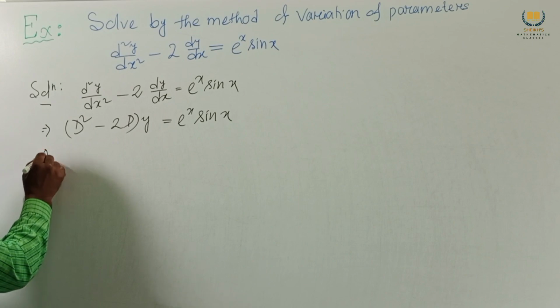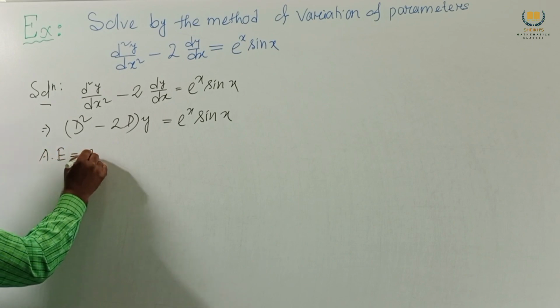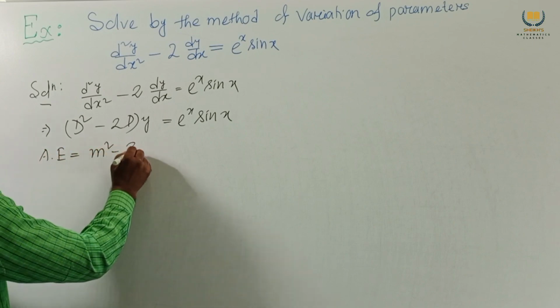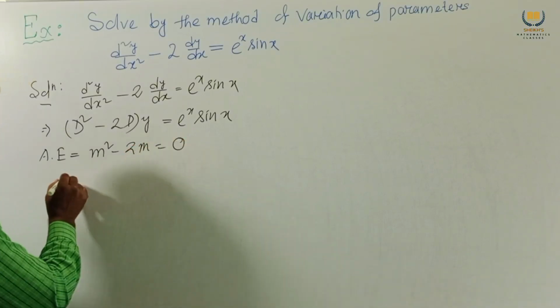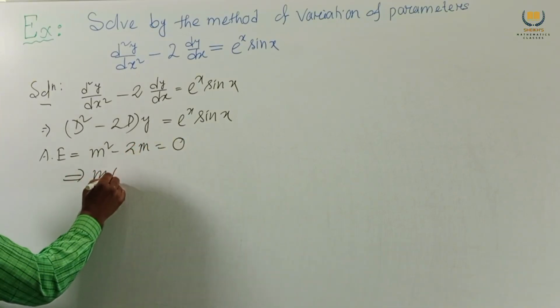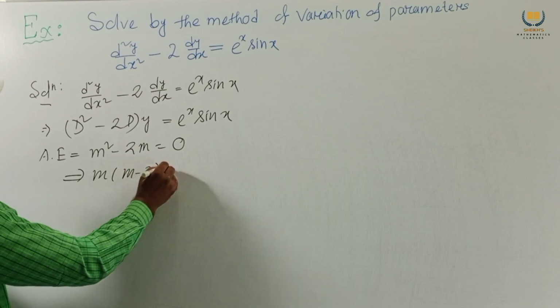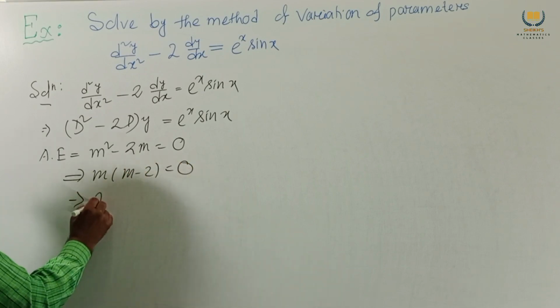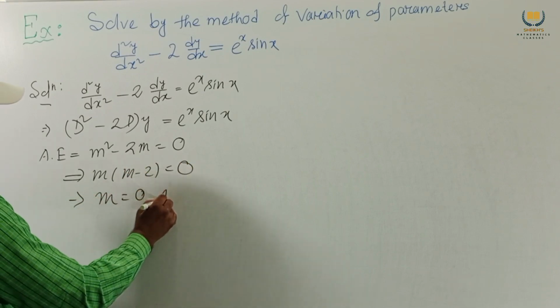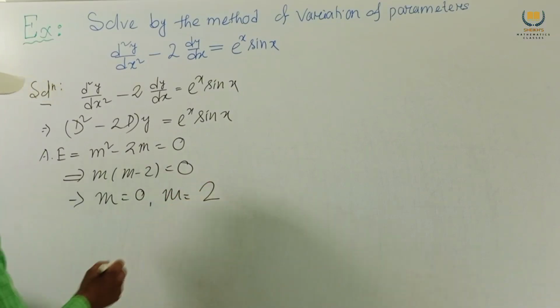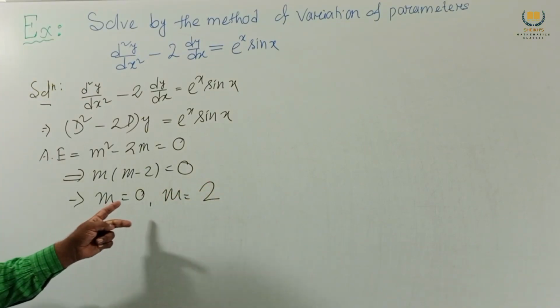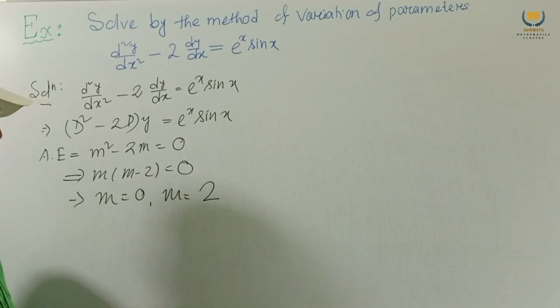So auxiliary equation m square minus 2m equal to 0, m common, m minus 2 equal to 0, m equal to 0, m equal to 2. We get two distinct roots 0 and 2.